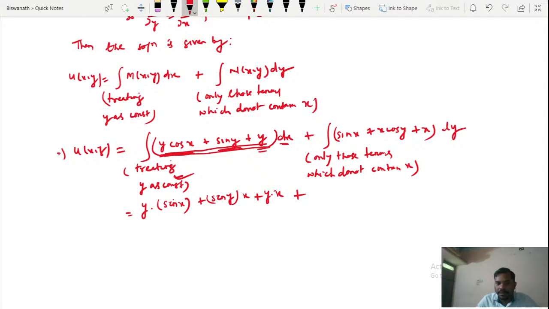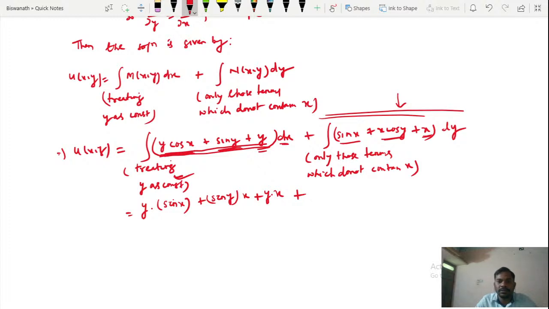Similarly here you have to integrate only those terms which do not contain x. This is a term which contains x, and this is also a term which contains x.